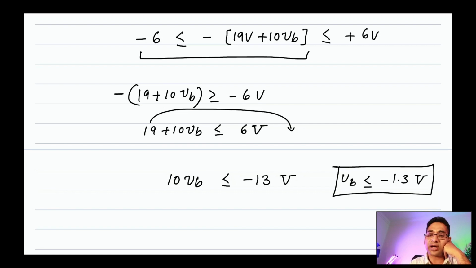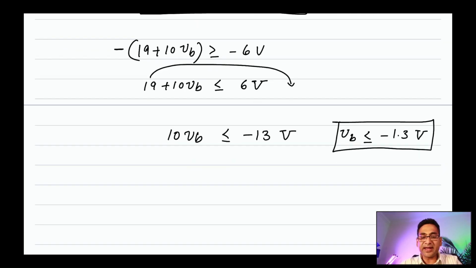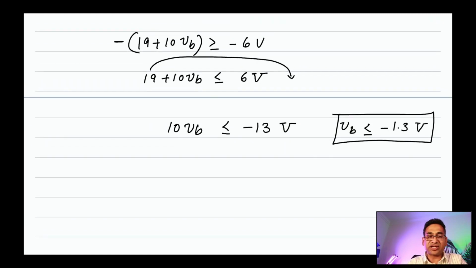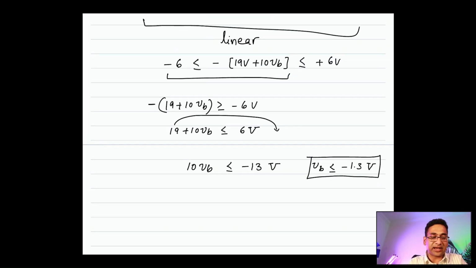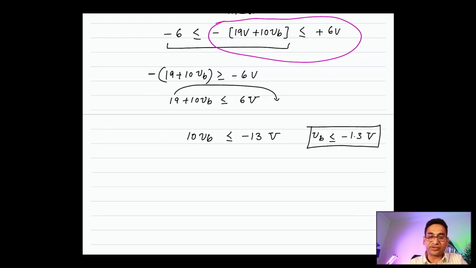That's one bound, one side of the range for VB. Now the other expression we can get from here. Let me write it down: negative 19 volts plus 10 VB should be less than or equal to plus 6 volts. Did I copy that right?